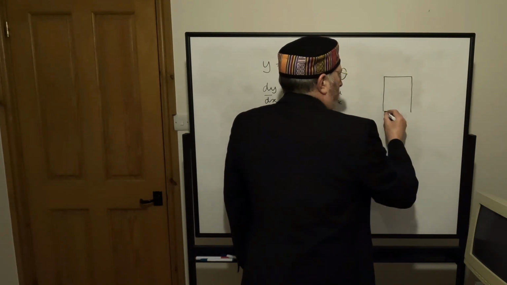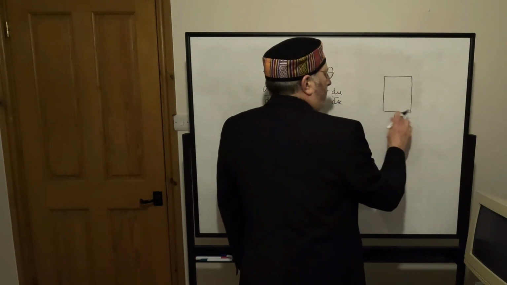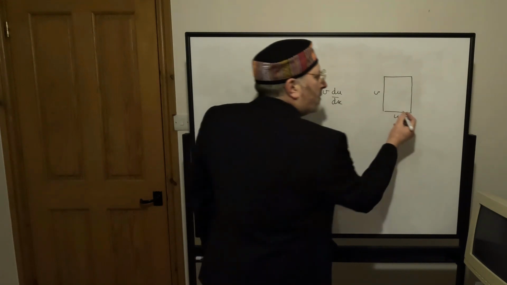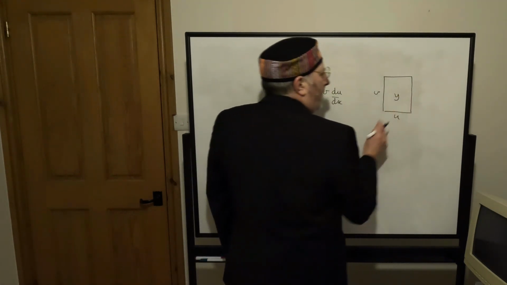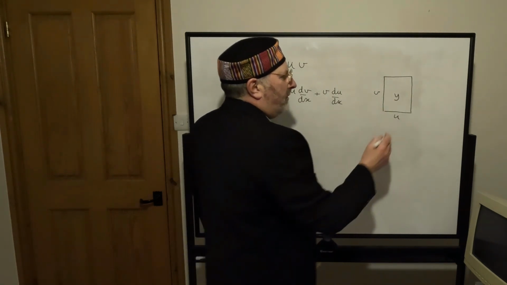So if this is a rectangle with side u there and side v there, and y then is the product of u and v, so it's the area of this rectangle.